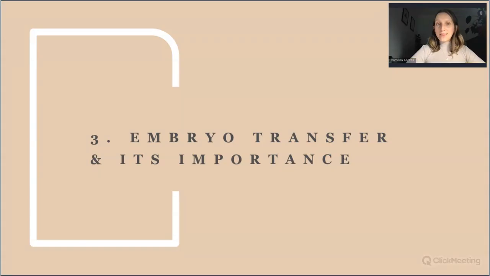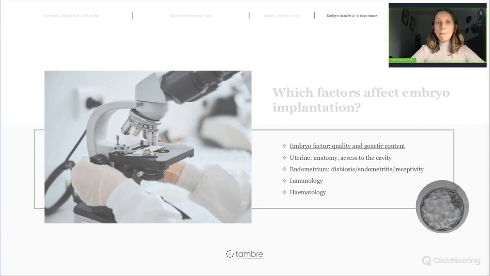So let's look at the embryo transfer and its importance. As you know, the embryo factor is an important feature to take into consideration for implantation, but it's not the only one. And we always say there are 5 important aspects to have in mind.